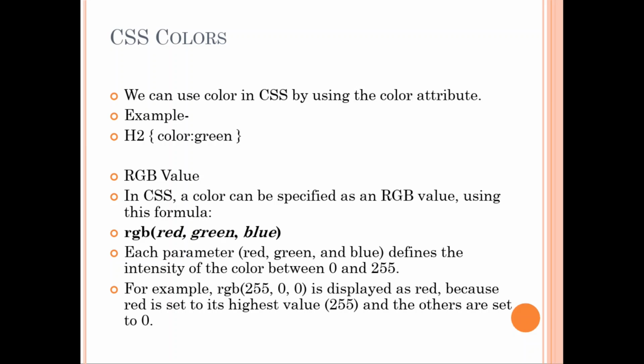Nowadays when you want to change your color, you will use the color property. You directly write color, colon, and then the name of that particular color. Okay, let's move further.